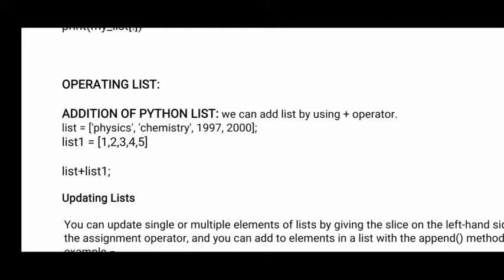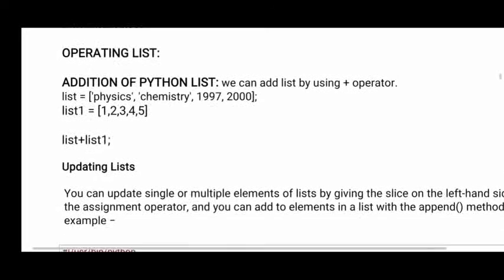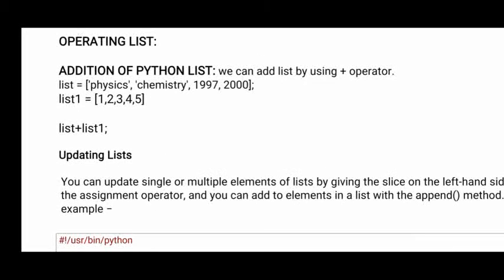Now, operating on a list means what operations you can perform on a list. I have created two lists.